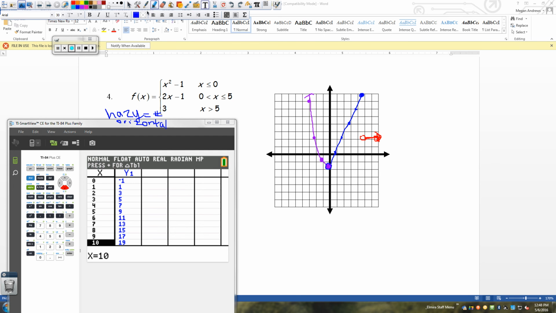Okay, and lastly, we definitely should have labeled all of the pieces of the function. So this is the f of x equals x squared minus 1.